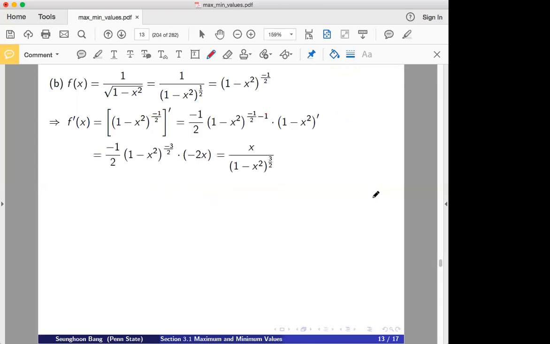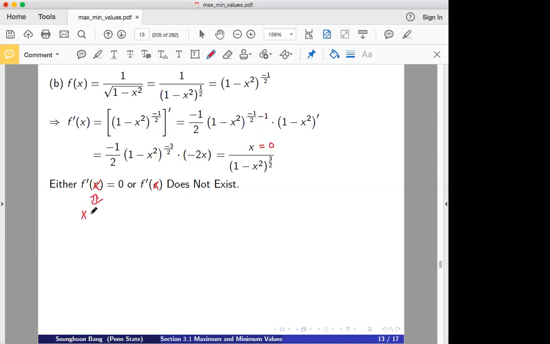Same as before, you can check either case: f prime of c equals 0, or f prime of c does not exist. You can replace x, the same things. So when f prime equals 0, only the numerator equals 0.